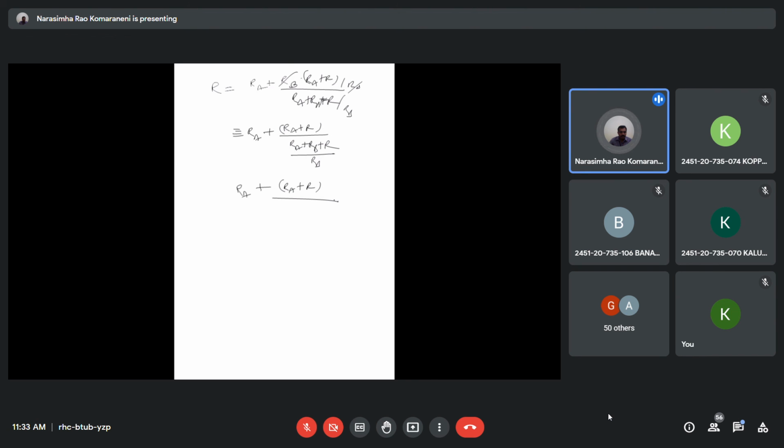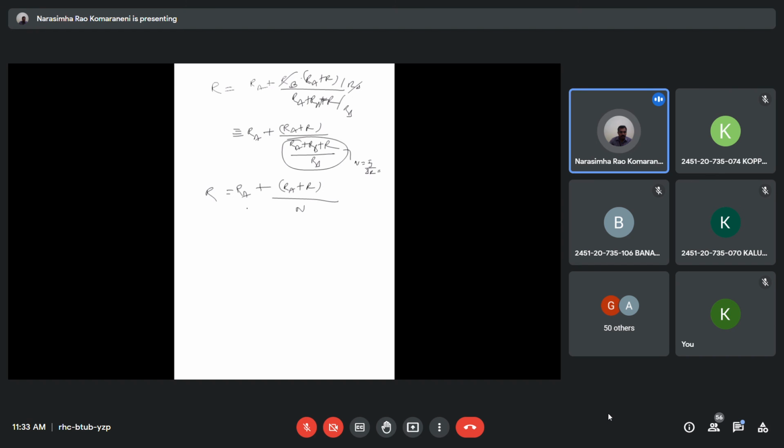This total term we can write as capital N. Yes, is it clear? Capital N is nothing but IS by IR, equal to RA plus RB plus R divided by RB. Right? So this total we can replace with N. Right? So this is equal to capital R.